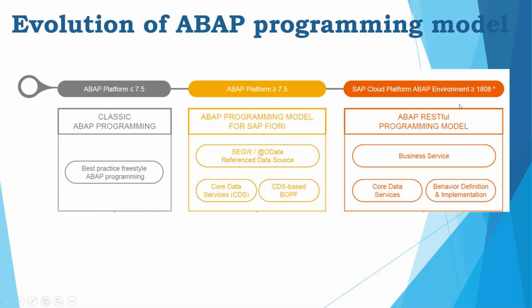Now if you are in BTP public cloud or private cloud, or if your SAP on-premises system is S/4HANA 1909 or greater, you can develop RAP applications. Instead of SEGW and OData publish, we do everything in business services. CDS views are still there in RAP, BOPF is deprecated, and everything is behavior definition and implementation in RAP. Is it clear, guys?